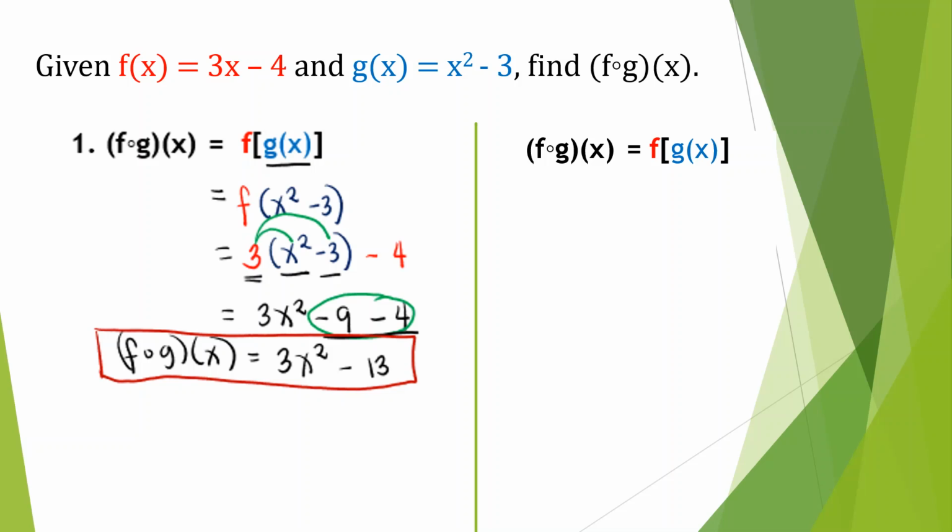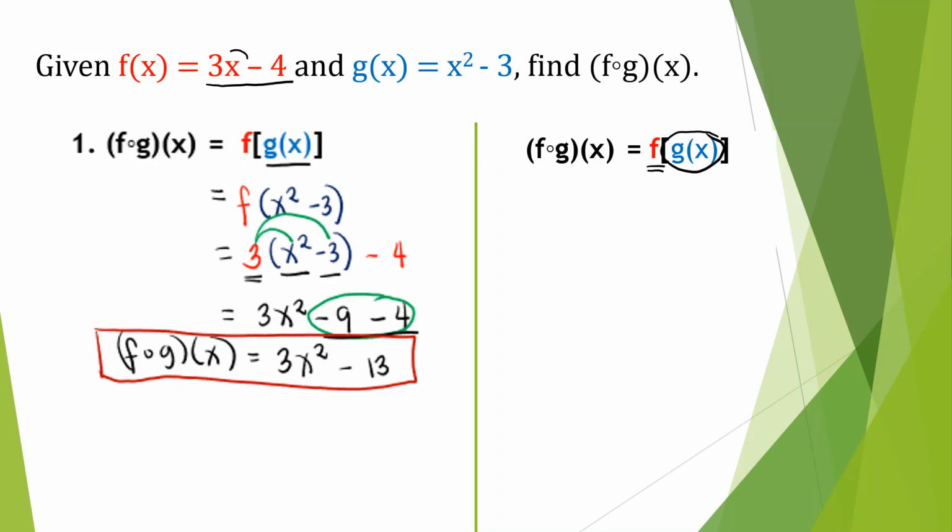Let us solve this in another way. F circle of g of x is equal to f of g of x. The value of g of x here will be replaced to all the x in f of x. Take note that the value of f of x is 3x minus 4.